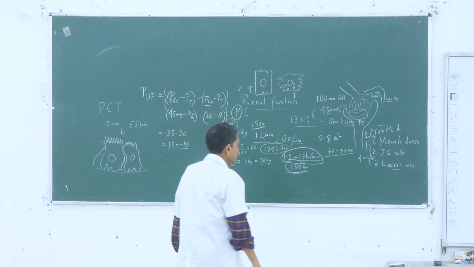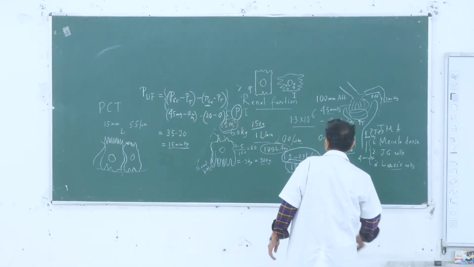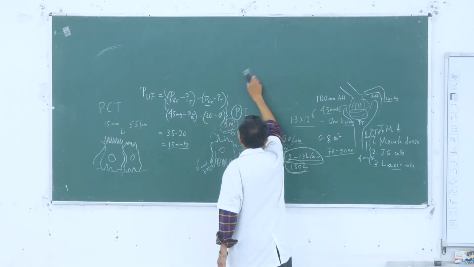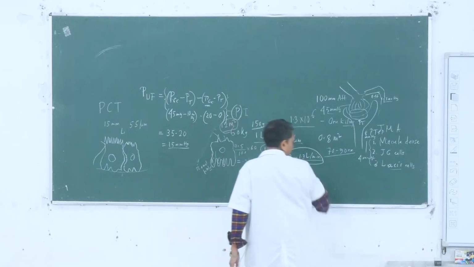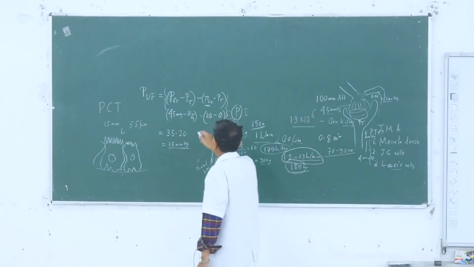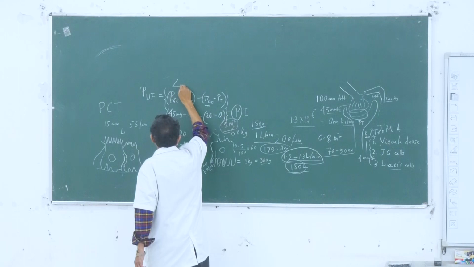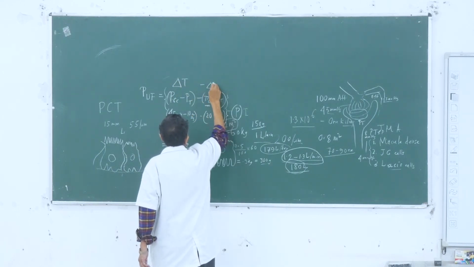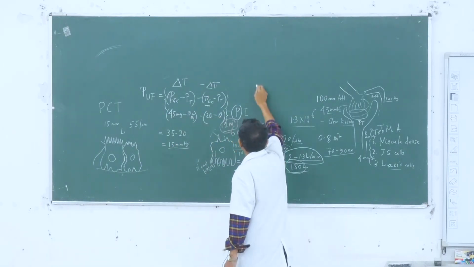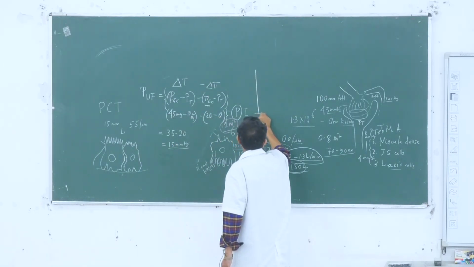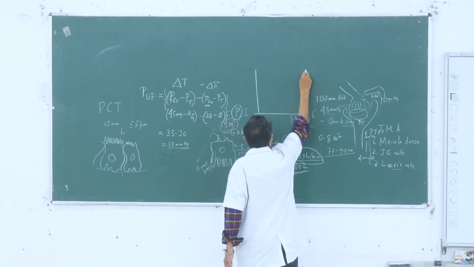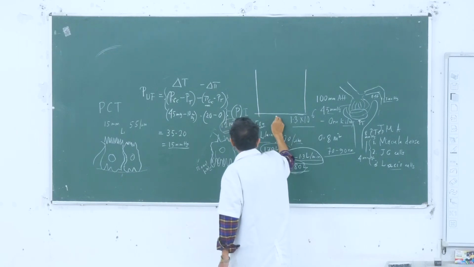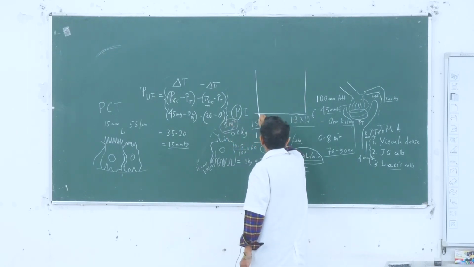If you consider a standard glomerular capillary and you draw a figure, this is the length of the capillary, the beginning.